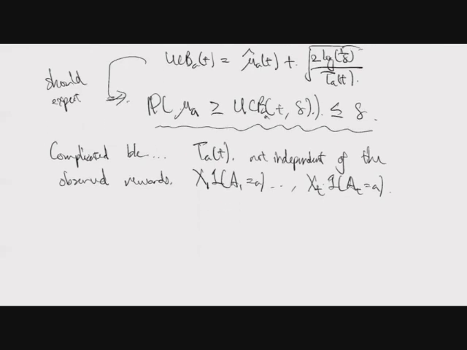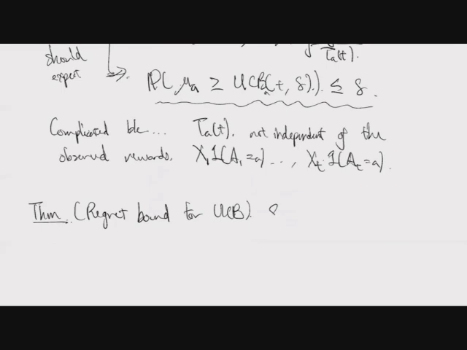So here is a theorem that gives us a regret bound for UCB. Here we want to set the confidence level for round t to be equal to 1 over t cubed.